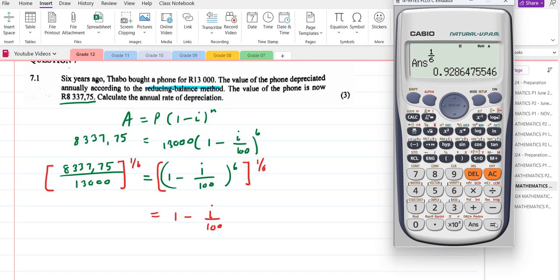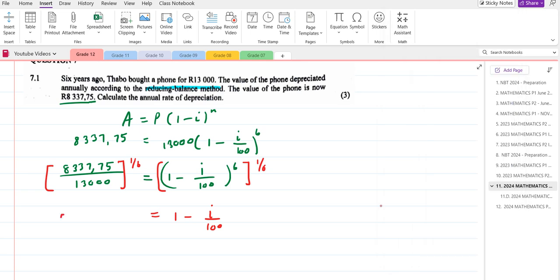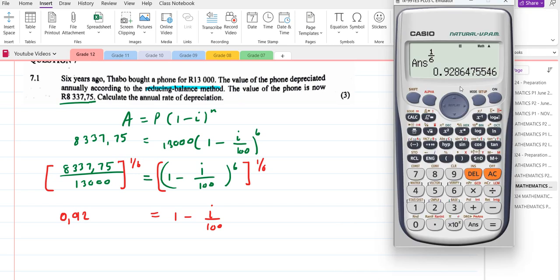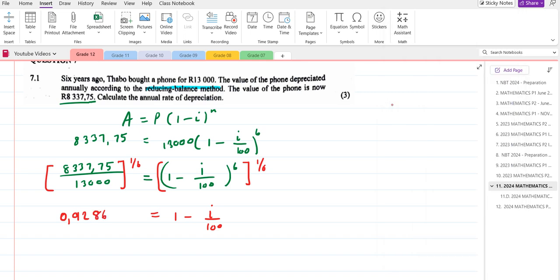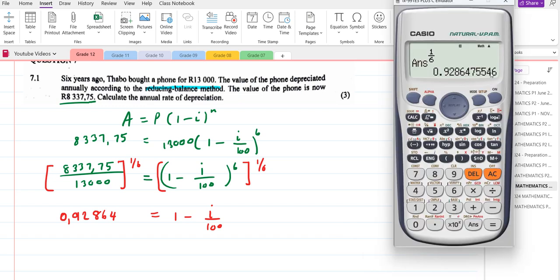Right, so I've got an answer 0.928647.5, 0.9286, let's just take the whole thing, 0.9286475546.